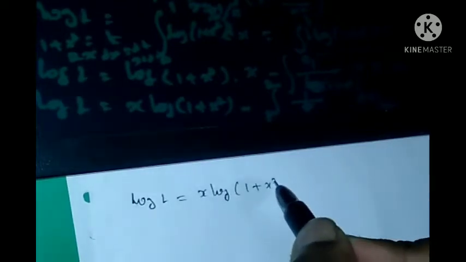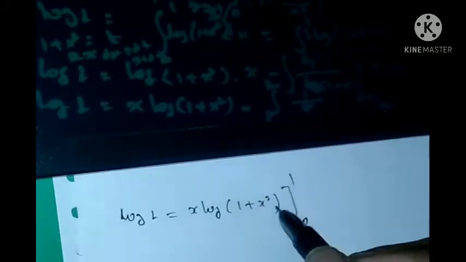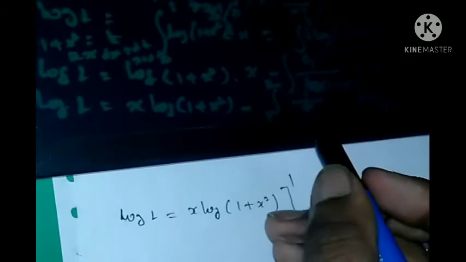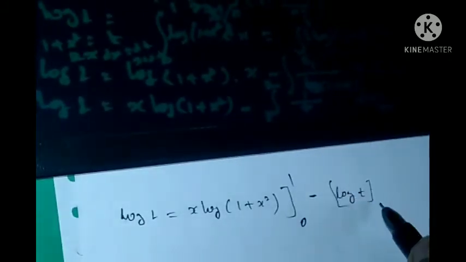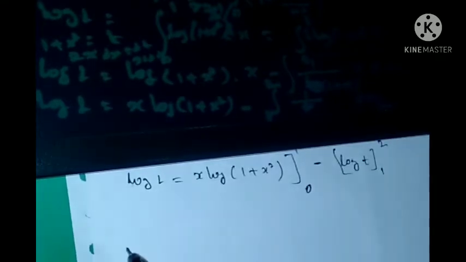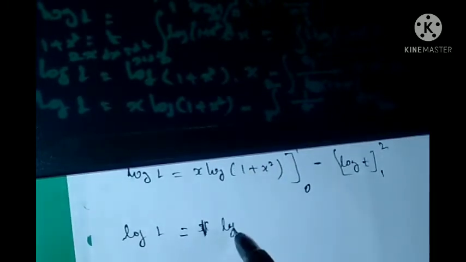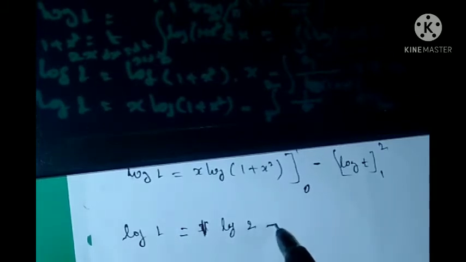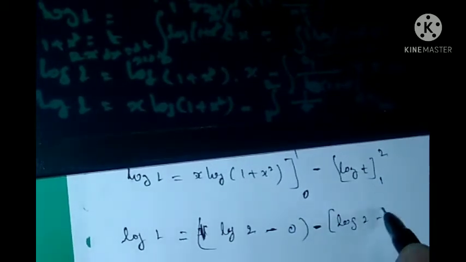After getting this, we integrate: log L is equal to x into log of 1 plus x square with limits 0 to 1, minus the integration of 1 by t, which is log t, with limits 1 to 2. We get log L is equal to, in place of x replacing 1, 1 into log of 1 plus 1, that is log 2, minus 0 for the lower limit, and minus log 2 minus log 1.